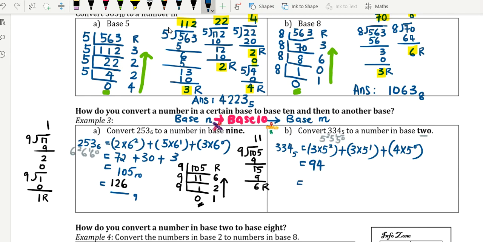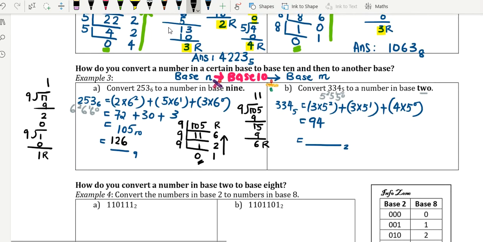So this 94 base 10, you want to convert it to a number in base 2. Okay, repeated division then. 94 divided by 2: 2 times 47 is 94. Remainder 0.